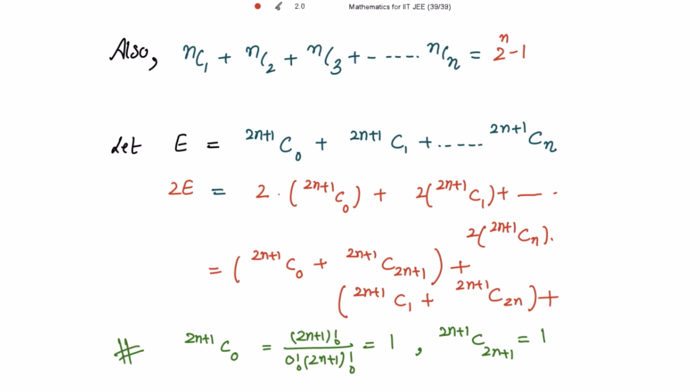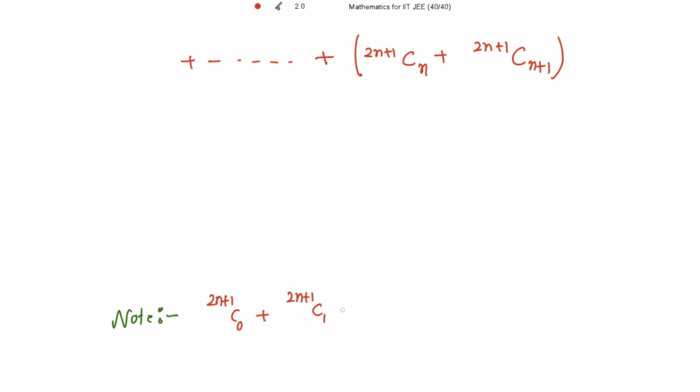Then plus so on. At last, for the last term we get 2n plus 1Cn plus 2n plus 1C(n plus 1). Right? Okay. Please note here, I am writing one result that 2n plus 1C0 plus 2n plus 1C1 plus 2n plus 1C2 so on up to 2n plus 1Cn.